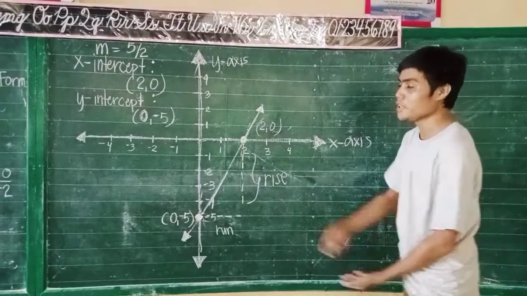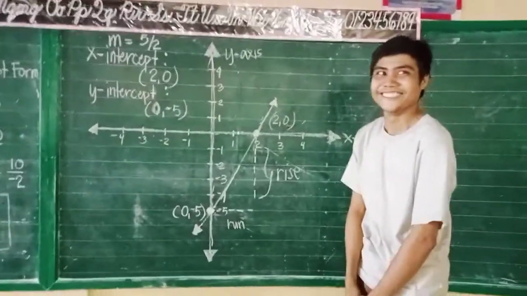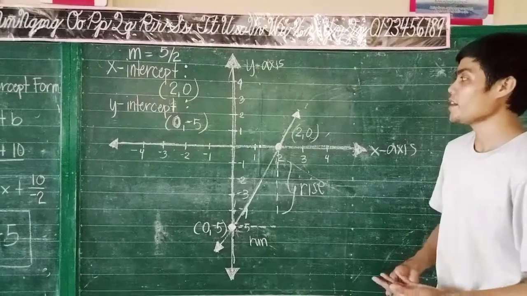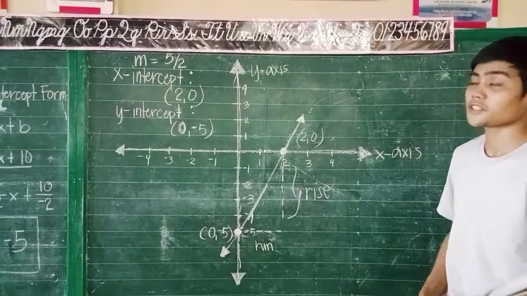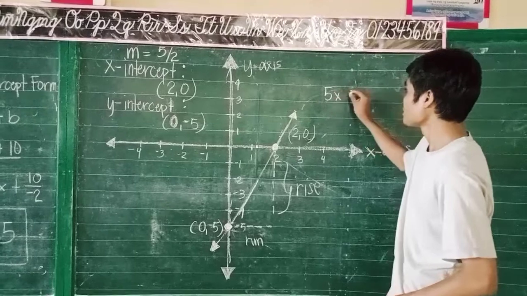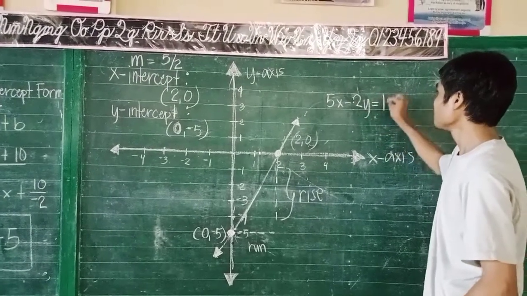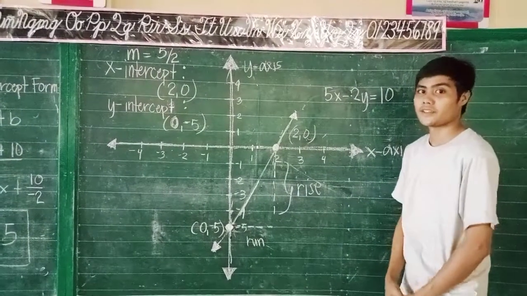So here we graph it. Here's the graph of our equation in standard form, 5x minus 2y is equal to 10. Thank you.